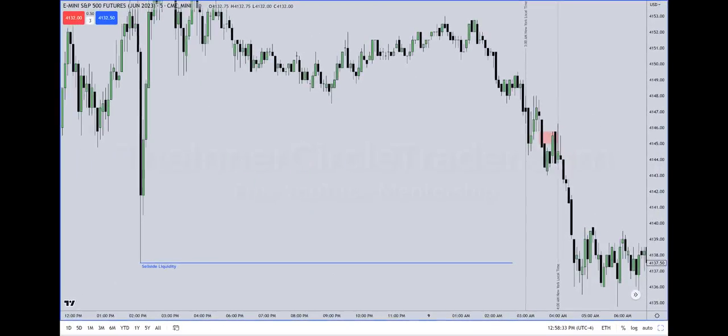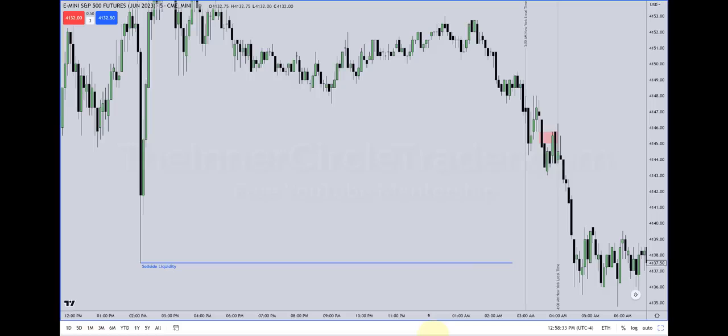So what we're looking for is a classic ICT fair value gap to form between 3 a.m. and 4 a.m. New York local time. The factor at which you are going to lean heavily on is the skill set of knowing where price is going to go. Okay, and it's not necessarily the bias.